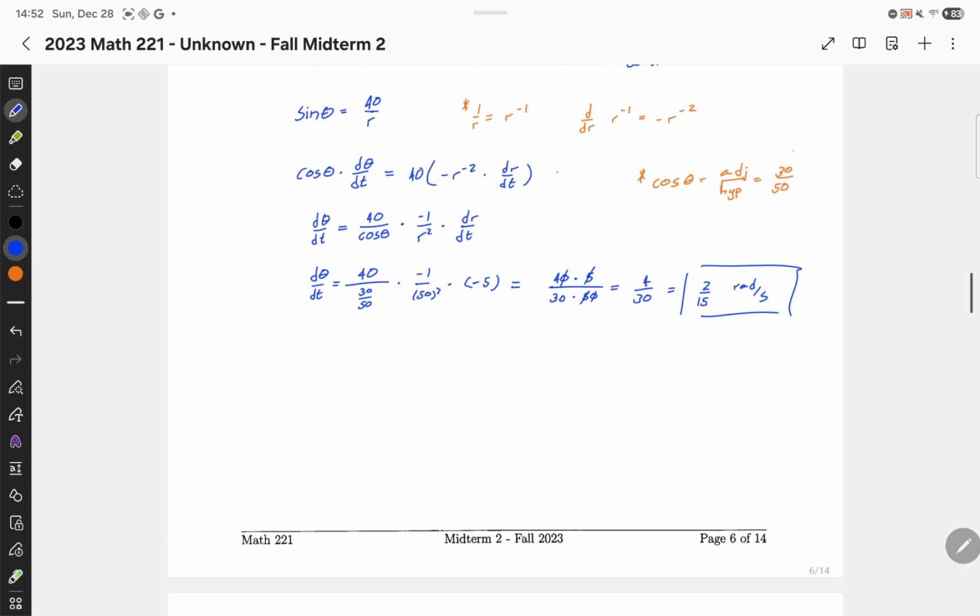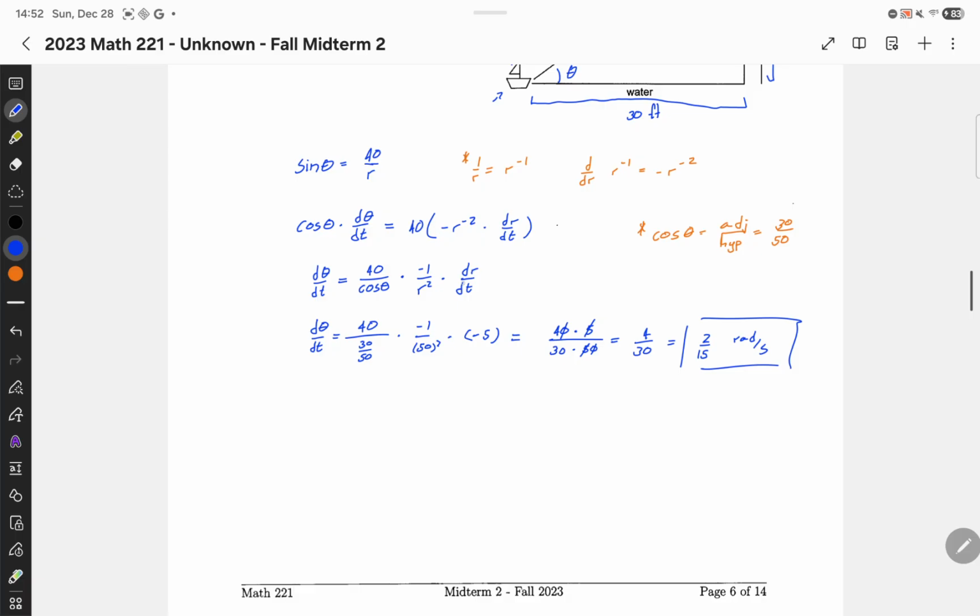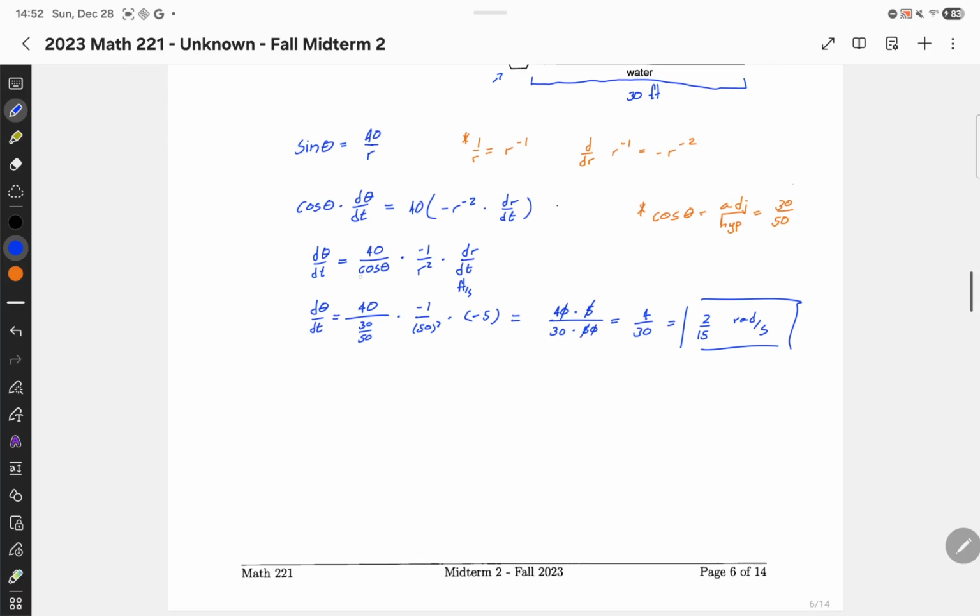Now, if you want to take a quick look at the units, we have feet per second right here. Let's do this r squared. This is going to be 1 over feet squared right here. And this, of course, is in feet up here.